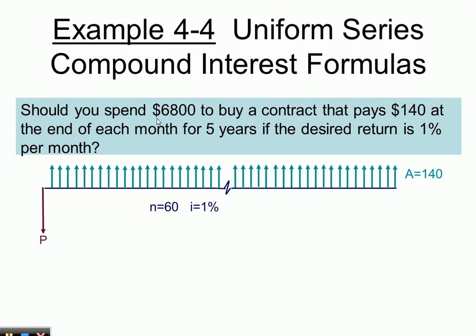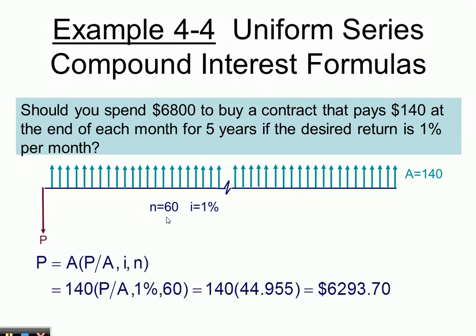And the point of time we can compare at is present time, because the 6,800 that we need to have, we need to have it now to buy this contract. So again, N is 60 because we have 12 months per year for 5 years, so 12 times 5. And I is 1% because it says here per month specifically. Before it didn't say per month, it said annually.